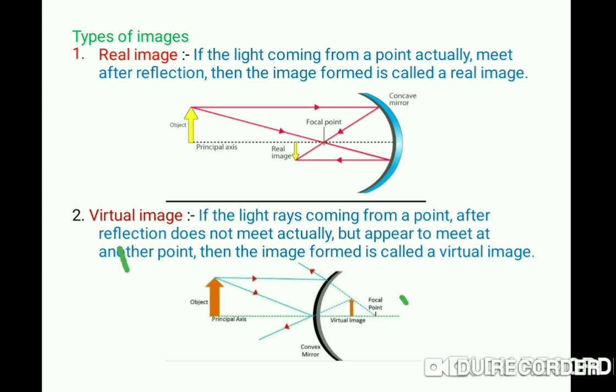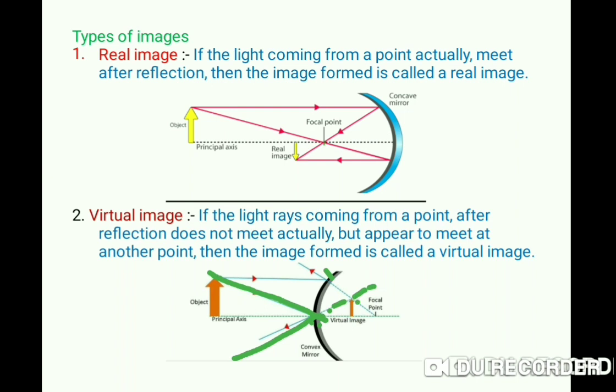See in the diagram, here an object is placed on the principal axis in front of a convex mirror. The first ray, which travels parallel to the principal axis, after reflection appears to come from the focal point. Another ray which travels toward the pole is reflected back with the same angle, and it is also extended on the back side.